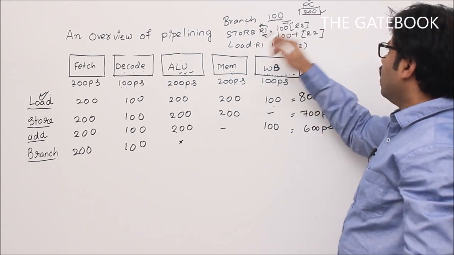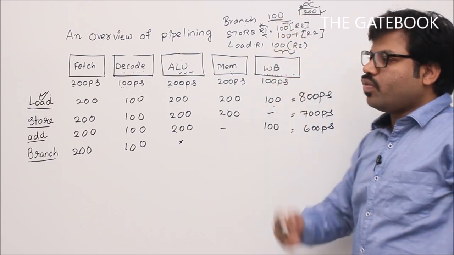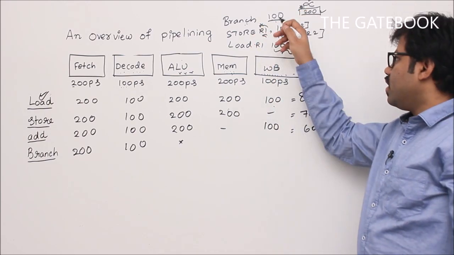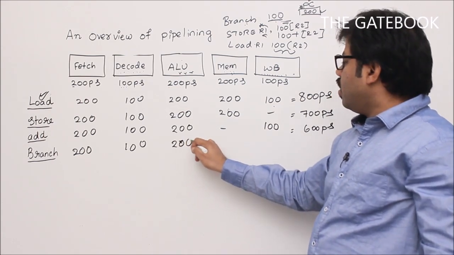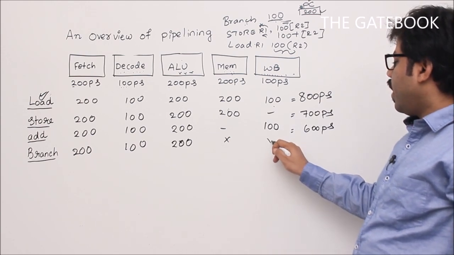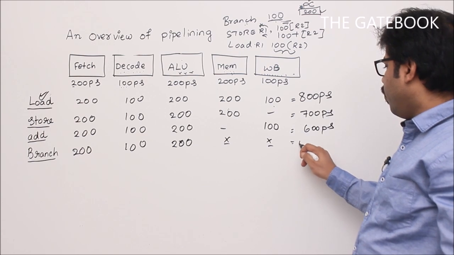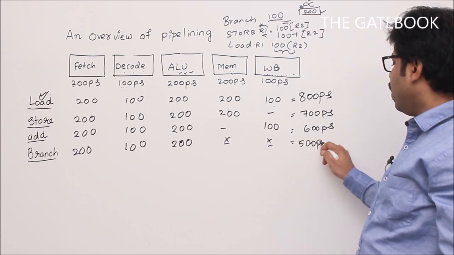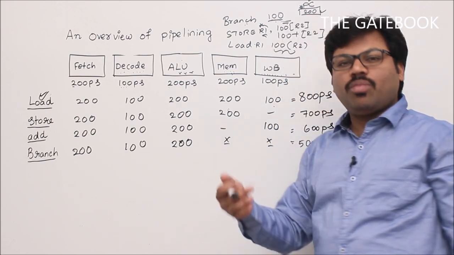For that we write it so that, with respect to whatever the program counter shows, I want to move 100 units. You might write such kinds of instructions. Then the ALU is required, 200, but after that there is no memory access and nothing to write into a register, so these two units we don't use. Then you require 500 picoseconds, right? It doesn't matter; try to understand, but if you don't understand, also no problem.